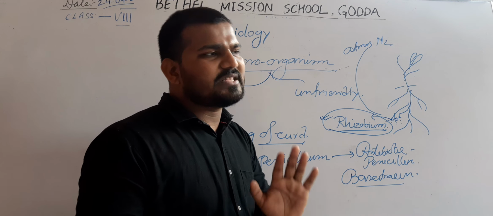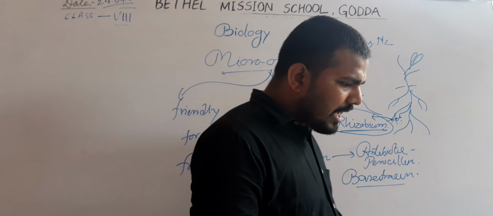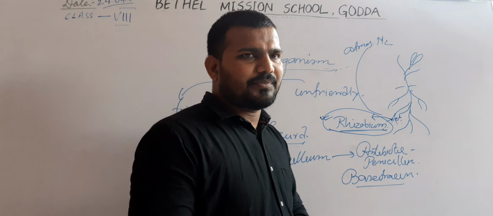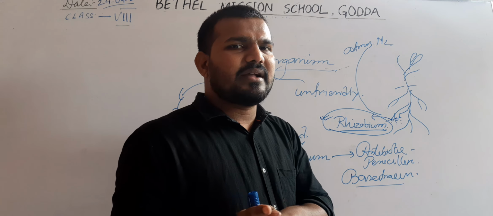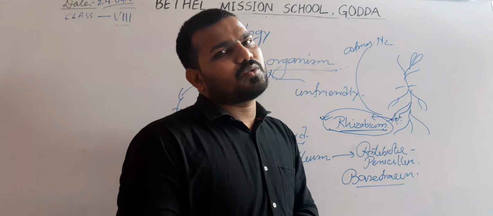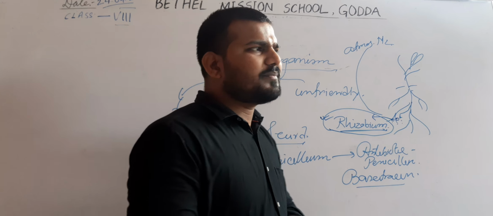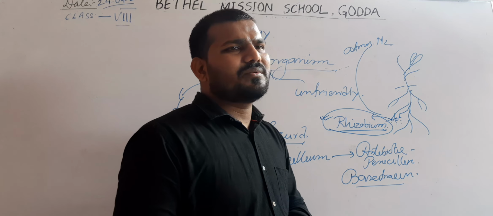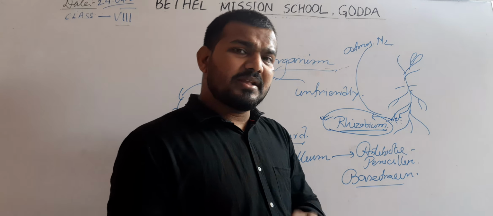But how does this mosquito spread this type of disease? Suppose someone has an infectious disease, malaria. The mosquito will suck the infected person's blood, then the pathogen will enter the body of the mosquito, and it will take some time, normally 22 to 48 hours.